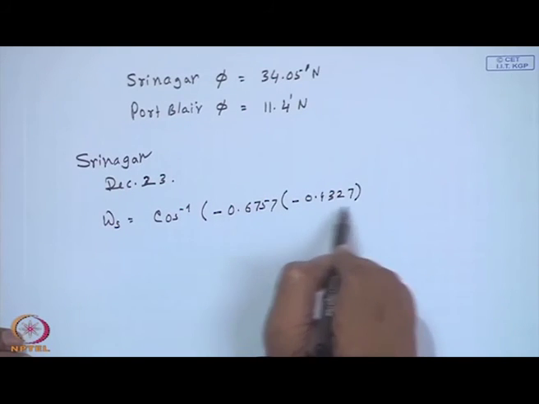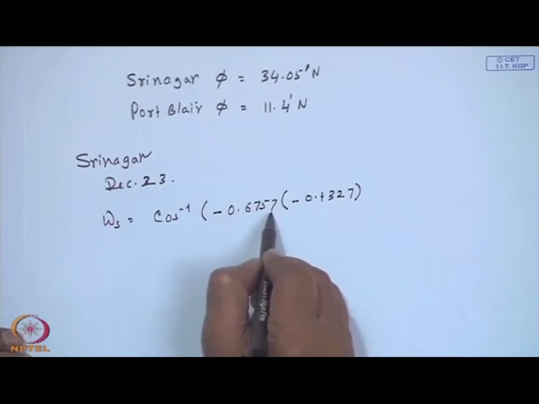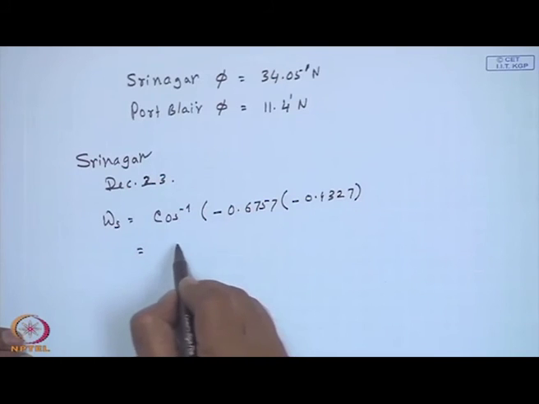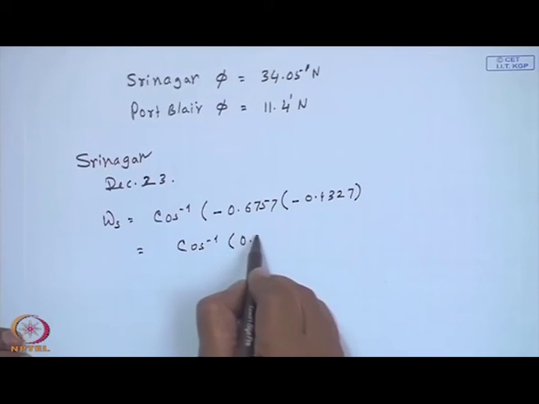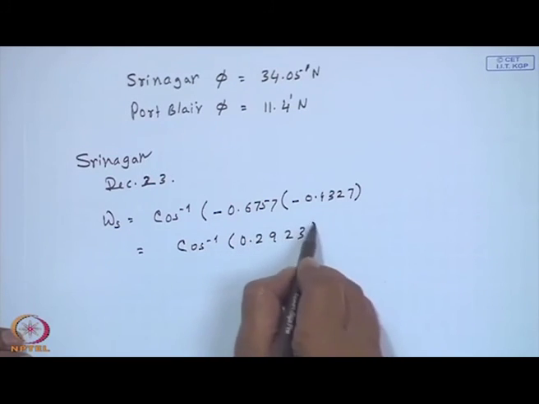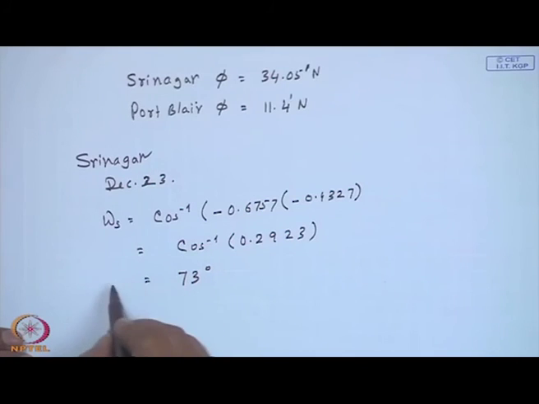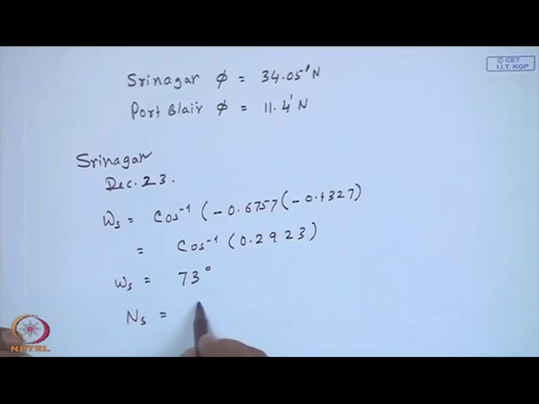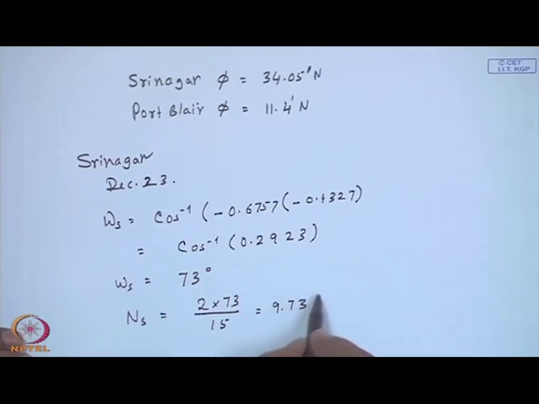So, delta is negative, tan delta is negative, and this minus is in the formula, and this is tan phi. So, this is equal to cos inverse 0.2923, which is 73 degrees. This is omega s, n s, the number of sunshine hours will be twice 73 by 15, which will be 9.73 hours.